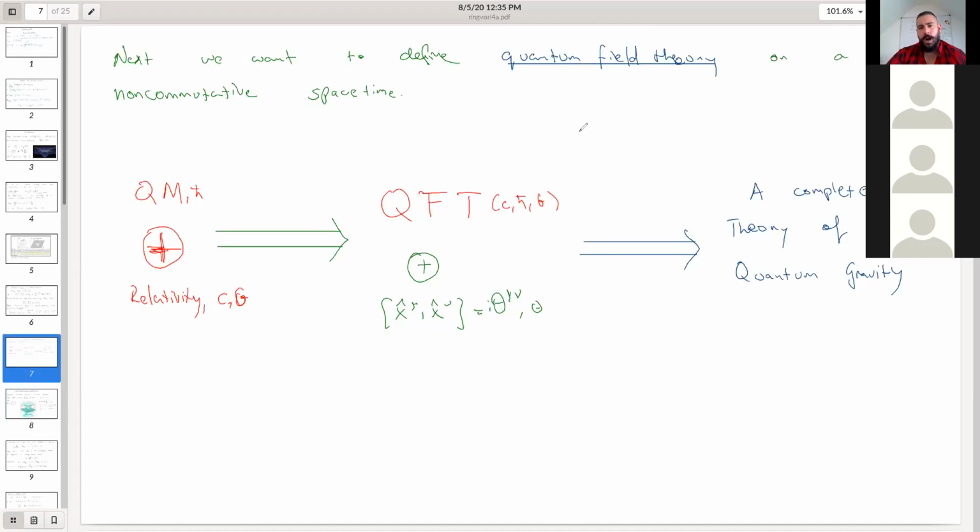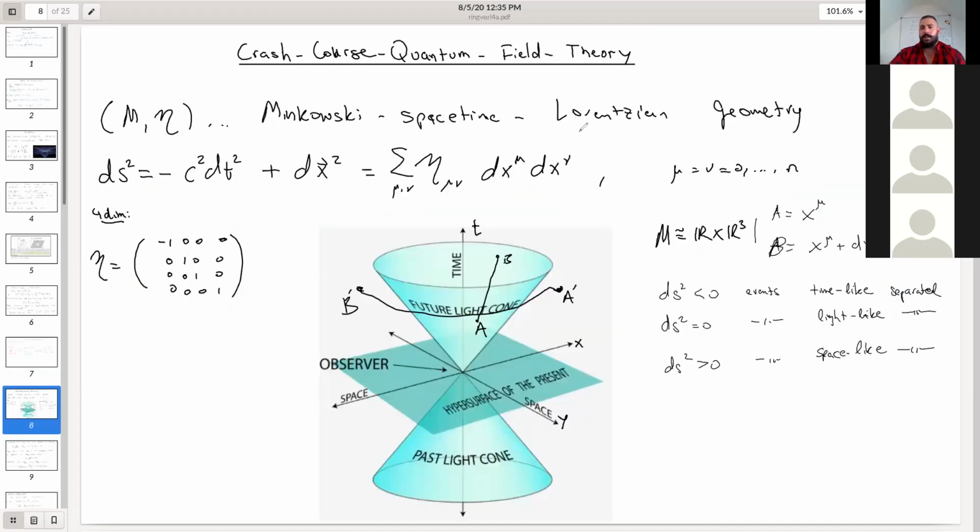Now, how to do that? To describe to you the main points, I have to give you a crash course in quantum field theory.